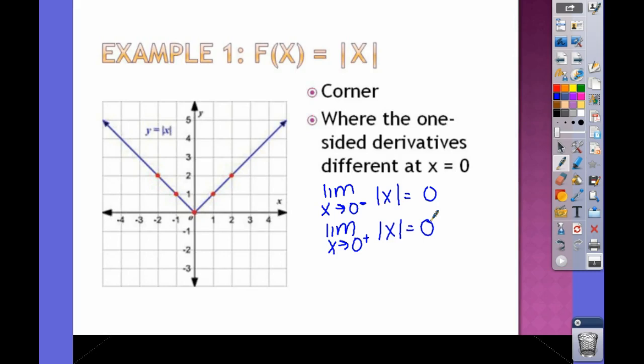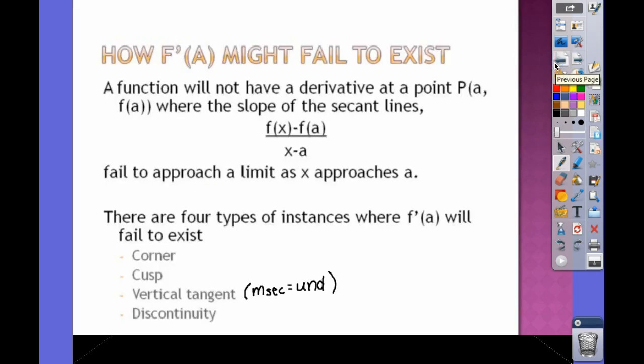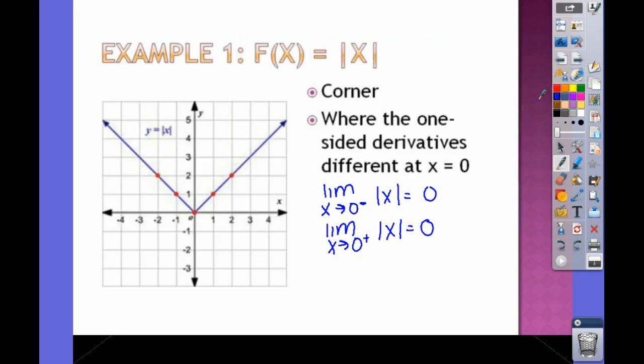What happens to the slope of the secant then? Is the slope of this line positive or negative? Negative. Remember, differentiability isn't talking about the limit of the function, it's talking about the slope of the secant. The limit as h approaches 0 of f of x plus h minus f of x, all over h.